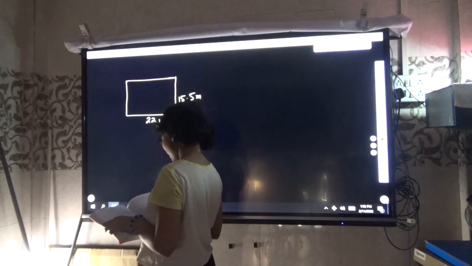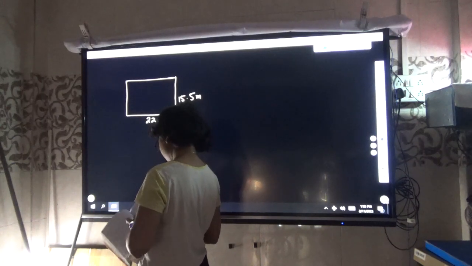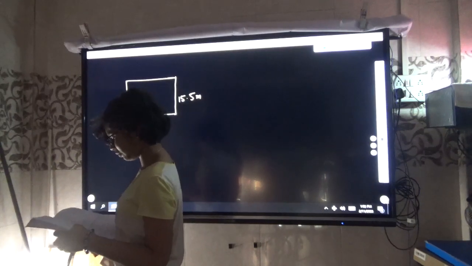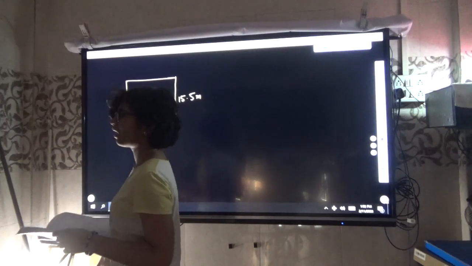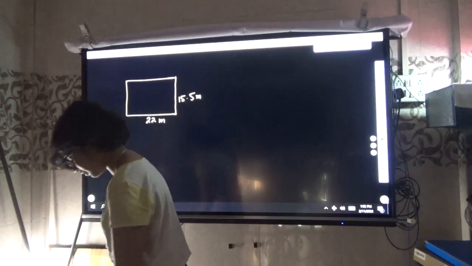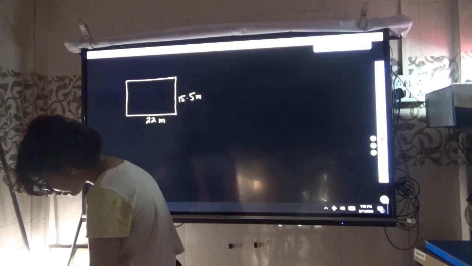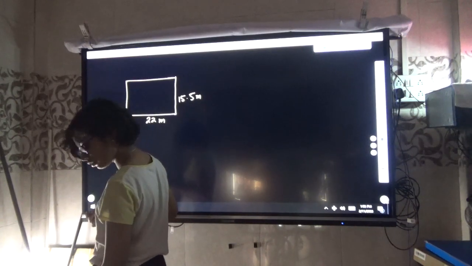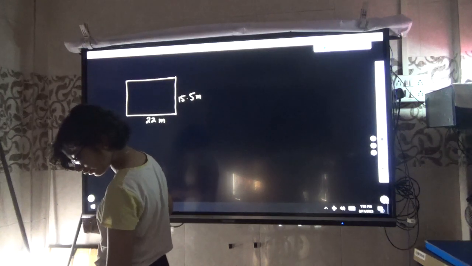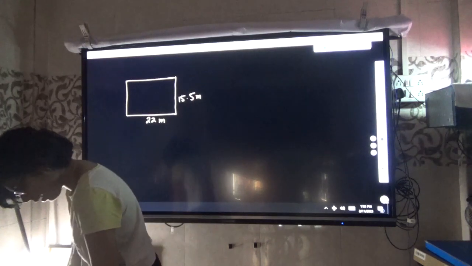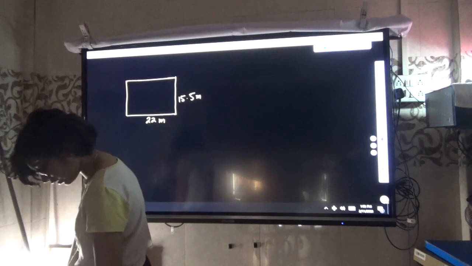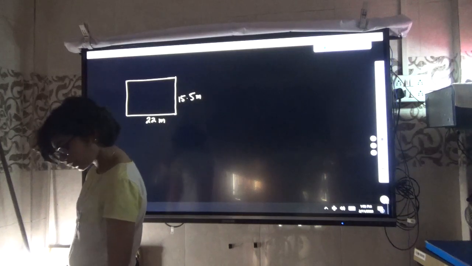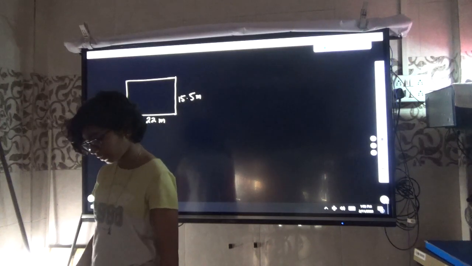Then a carpet is to be laid on the floor, leaving a strip of 75 centimeter width from the walls uncovered.